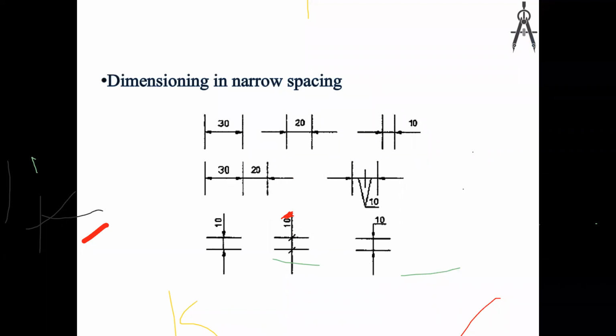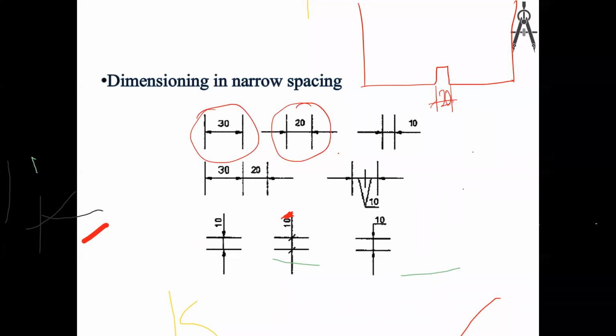Narrow spacings. Narrow spacing means if it is a very big part and there is a small gap or groove. If you want to show this gap, sometimes you can't write inside that space. Sometimes you can. If you can, then you can use it like this, with the arrowheads from outside pointing inside.